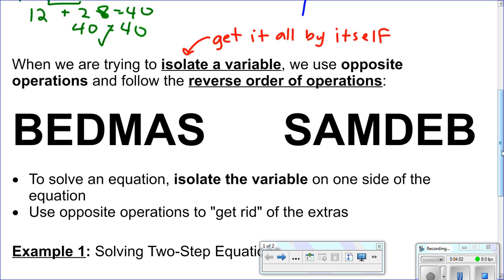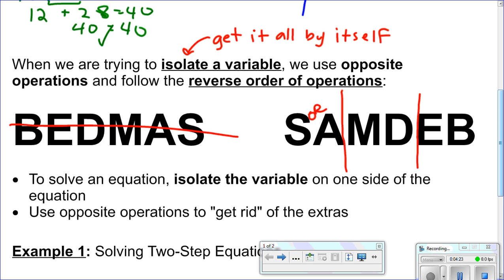So we go reverse BEDMAS. So instead of going brackets, exponents, division, multiplication, adding, subtraction, no. We start with subtraction or addition, whatever comes first as we go from left to right.